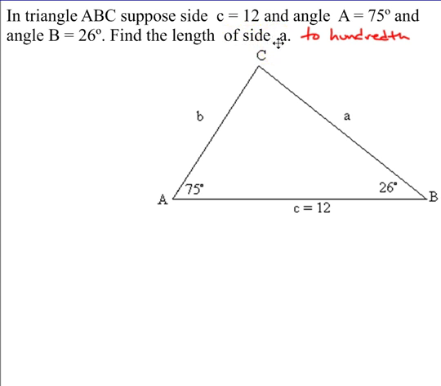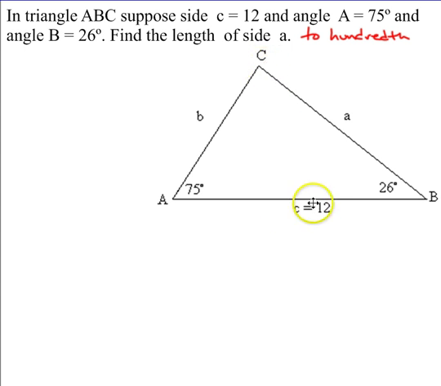So right now what I want you to figure out is which version of the law of sines, in other words, which pairs of angles and sides are going to be useful for us to find what we want. Okay, we're trying to find side A. We have known angle A, angle B and side C. It'd be really nice if we knew angle C to match up with side C, right?